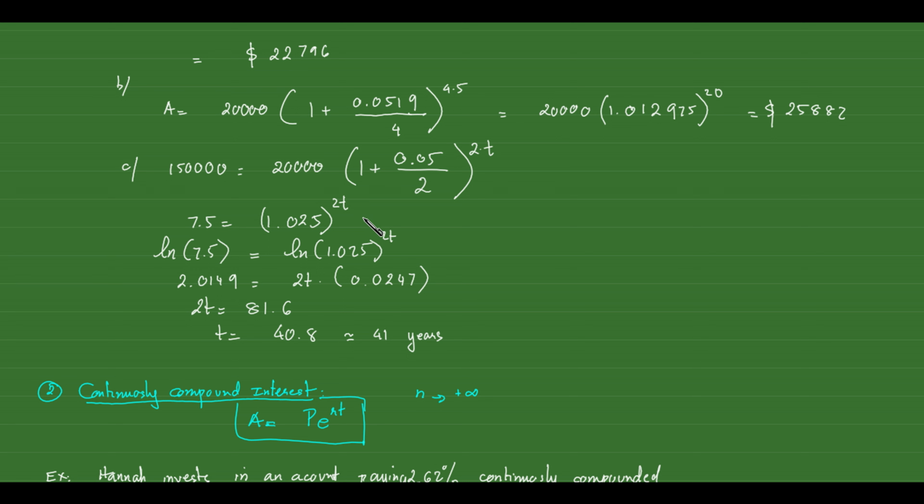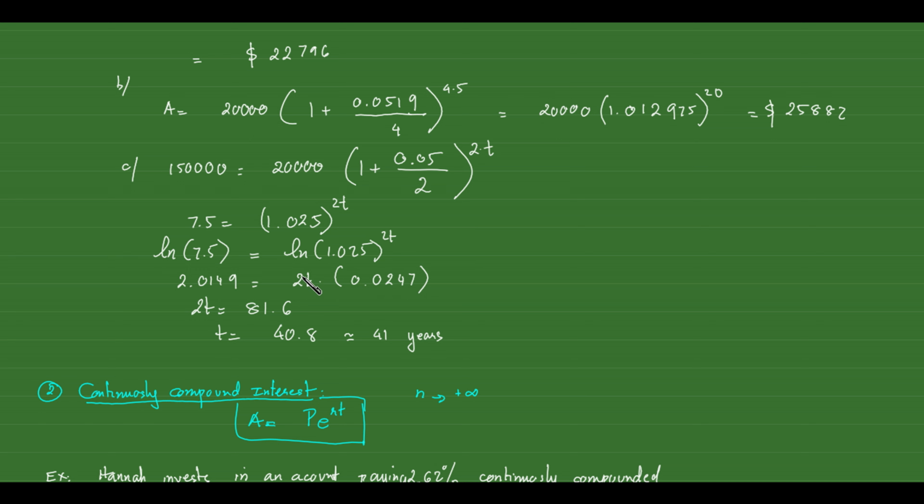And in order to solve for t, you need to know a very special key button on your calculator, the TI-84, and you're going to hit LN. LN is one of the buttons on your calculator. You take LN of both sides. I'm going to explain later, maybe in the next video, what LN means.